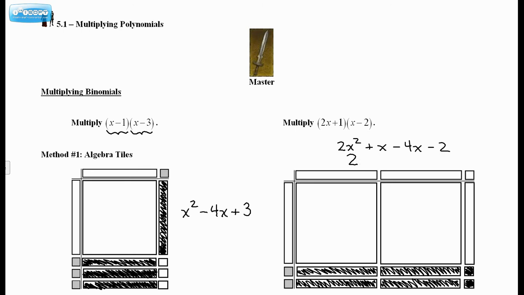This is going to give me 2x squared minus 3x minus 2. Okay. So that is the simplified answer algebraically. Algebra tiles.